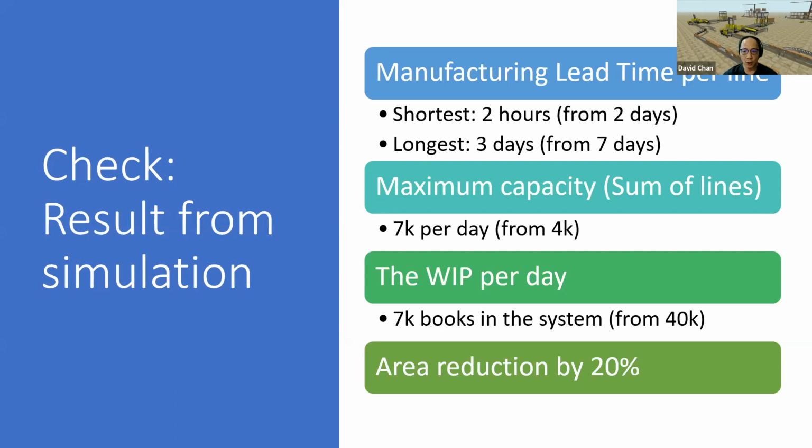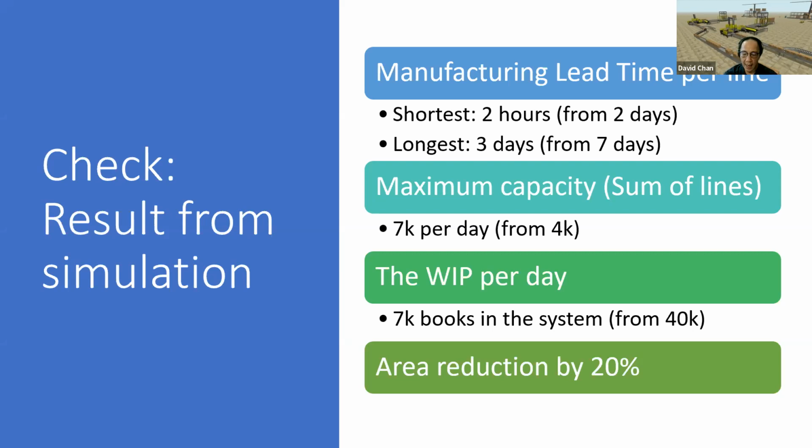Based on the WIP, with the introduction of Kanban, we have only roughly 7K books in the system, down from 40K. That is a drastic reduction in WIP. We also realized that the new layout reduces area usage by 20%.